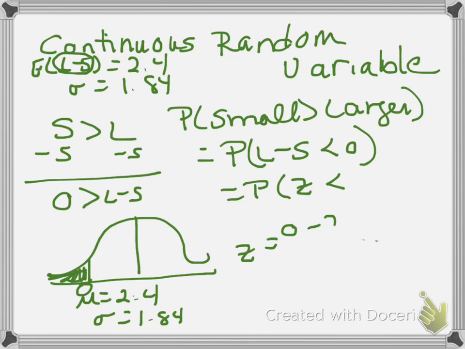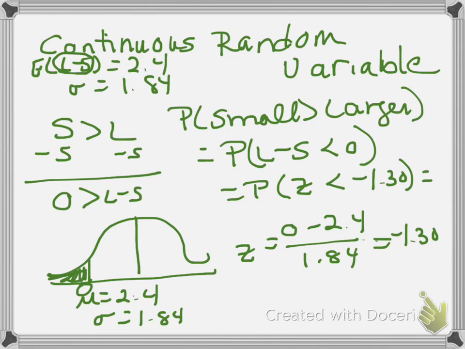So I have 0 minus 2.4 divided by 1.84. So negative 2.4 divided by 1.84 gives me negative 1.30. Okay, so now I'm going to get out my chart. Going to look up negative 1.30, and I have 0.0968.